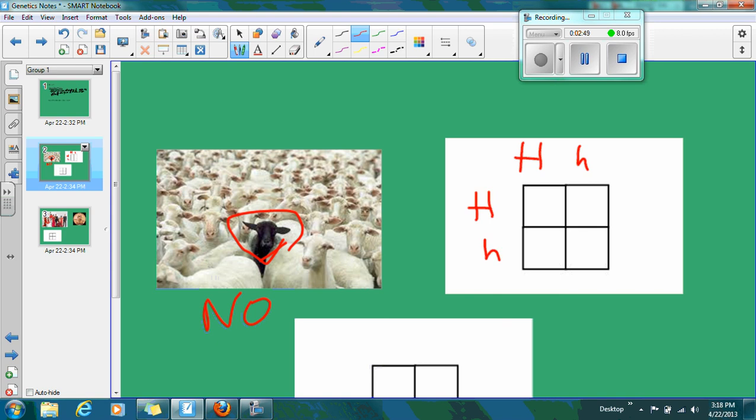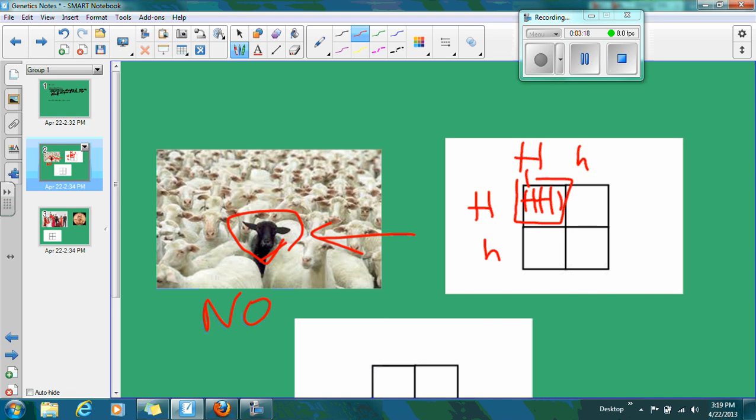When you do the Punnett square, this offspring right over here gets one copy from mom and one copy from dad, and they happen to be the same, which means they're homozygous. So this black sheep is 50% from dad, 50% from mom. It's not less their child. It's still their child. It's one copy of each trait from each parent.